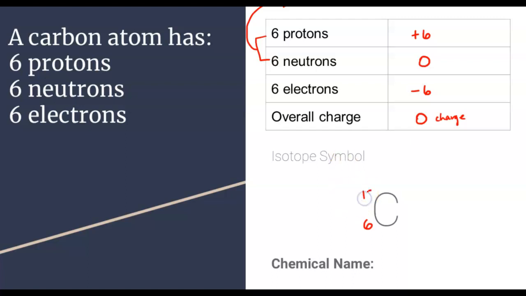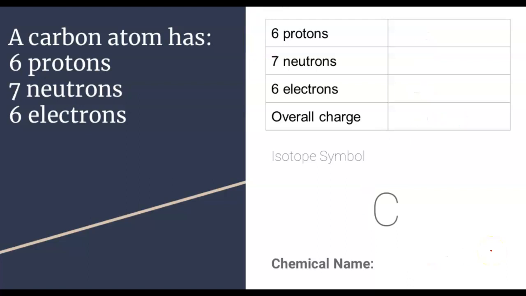That's the number I place right over here. In the future, in the top right-hand corner, I'm going to put the charge. Since there is 0 charge right here, I'm going to leave it blank. This here now has a name. I give it the chemical name, carbon. Then I place a dash, and then I write the atomic mass, carbon-12.